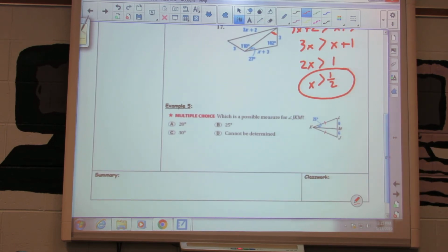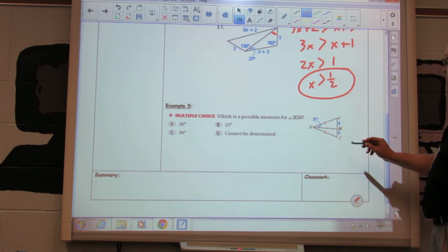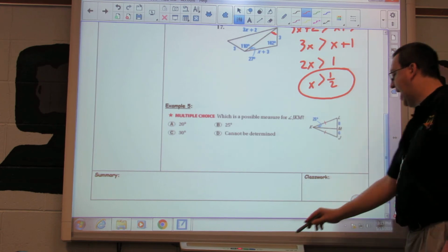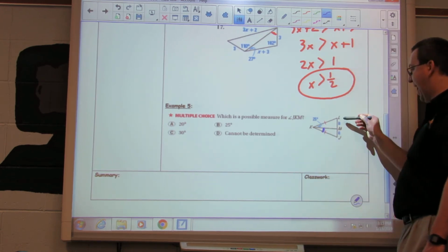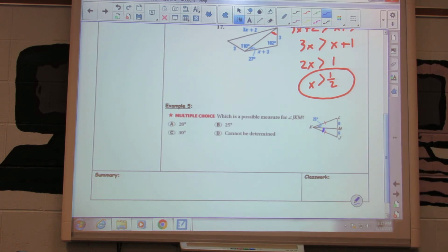And then our last one, example 5, which is a possible measure for angle JKM. So JKM, I'm looking at the angle right in here. I have an 8, a 6, and a 25. So I can determine a possibility, not the exact answer, but a possibility. It should be less, more, or equal.